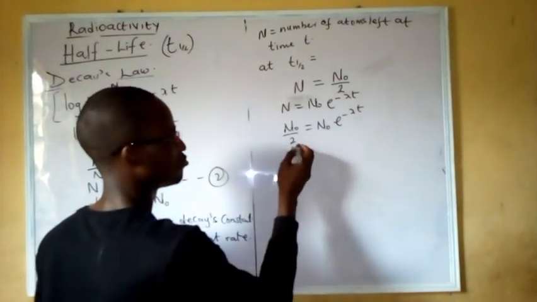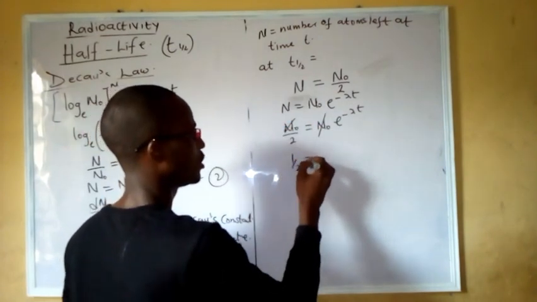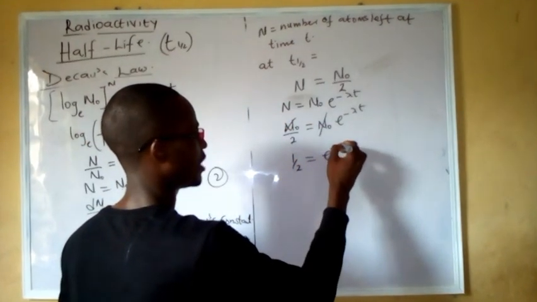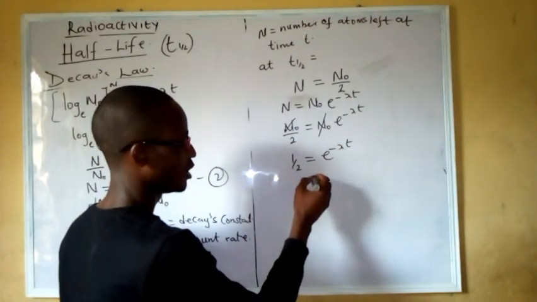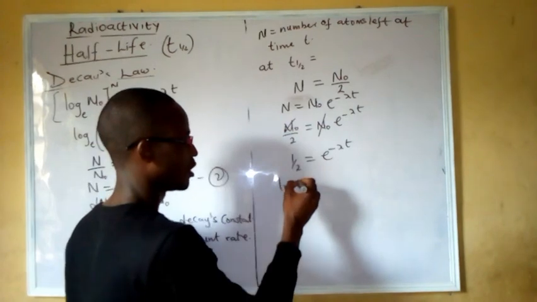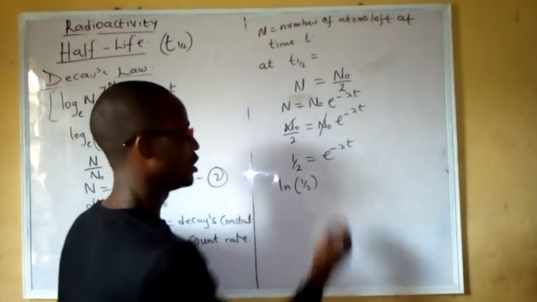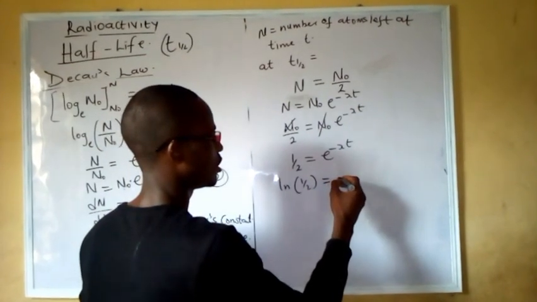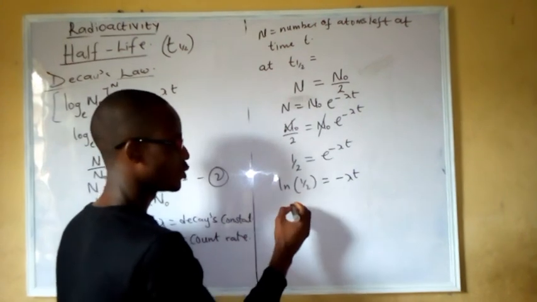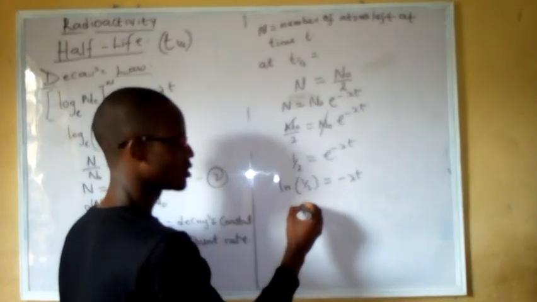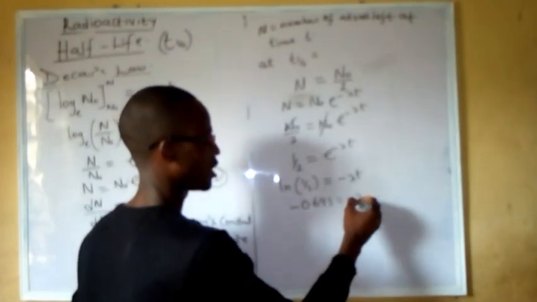So I have 1 over 2 equals exponential minus lambda t. From which I have ln 1 over 2. That is, if e comes here, it becomes log e, then equals minus lambda t. So ln 1 over 2 is the same thing as minus 0.693 equals minus lambda t.